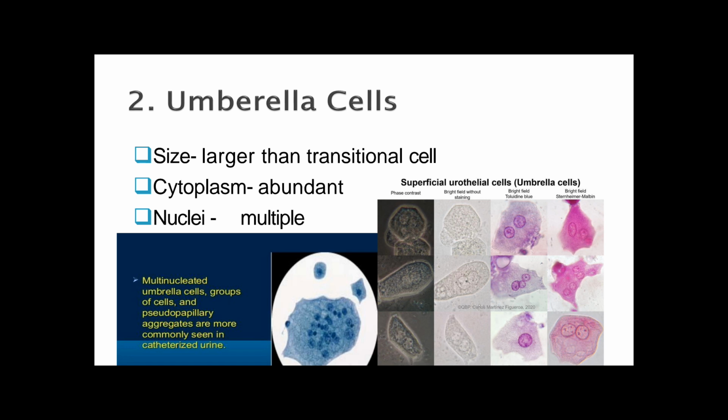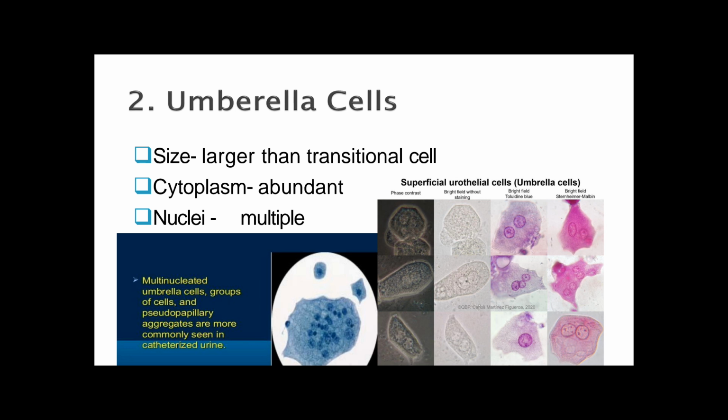Here you can see 2 to 3 nuclei, but in urothelial or transitional cells you can see a single nucleus. So the main feature of umbrella cells is that they are multinucleated, and pseudopapillary aggregations are more commonly seen in catheterized urine.